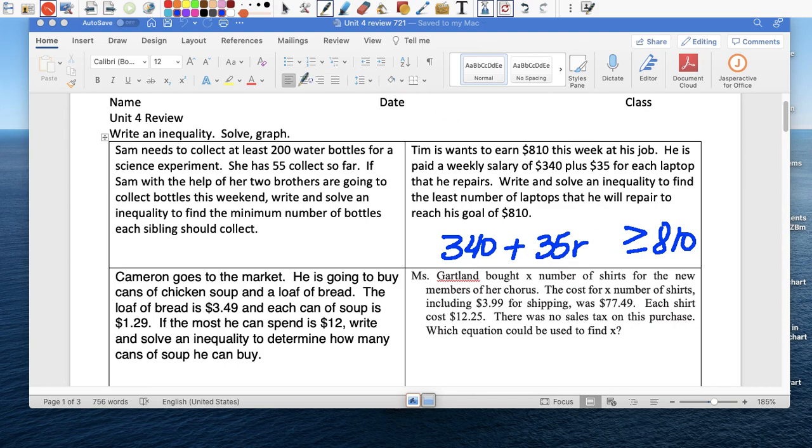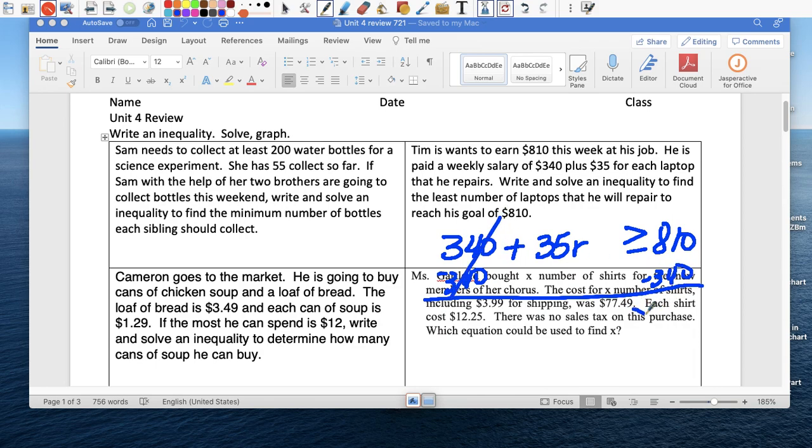If he was sitting at his work desk thinking, man, I gotta make $810 this week, well, if you subtract, he already knows, I'm already taking $340, I need to make $470 more. Now, I also repair laptops, and I make $35 for each laptop. So how many laptops do I have to repair? That's basically what we're doing here. So minus 340, which is what I just showed, minus 340 on this side.